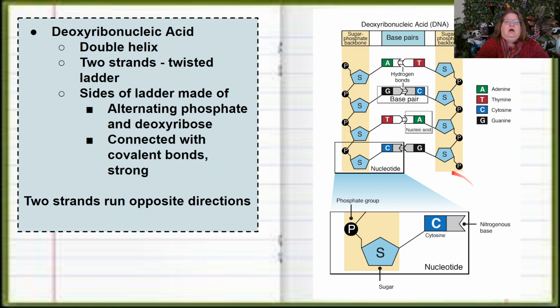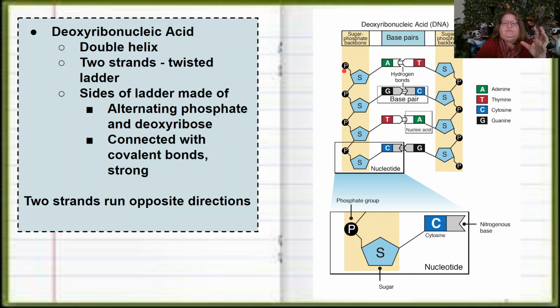Now, the strand is then twisted in the form of a helix. There's about 10 bases per turn of the helix. The sides of the ladder are made of the alternating phosphate sugar backbone. So phosphate deoxyribose. So here we have one side. Notice my cursor here.